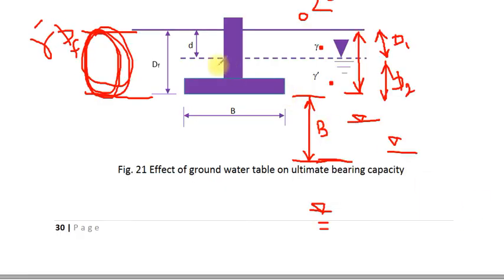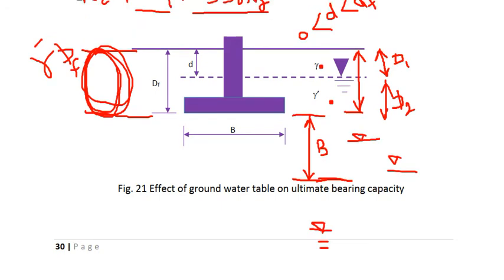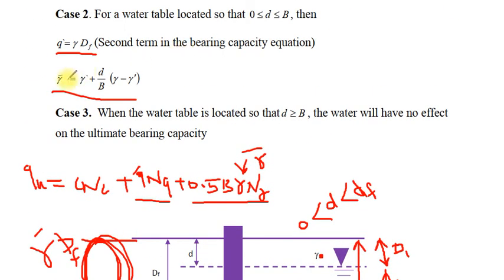Because this surcharge will depend on gamma, the unit weight of the soil, because the soil here is not saturated, since the water table is located below the base of the foundation. So q equals gamma multiplied by DF, while gamma in the third term equals gamma dash plus D over B multiplied by gamma minus gamma dash.